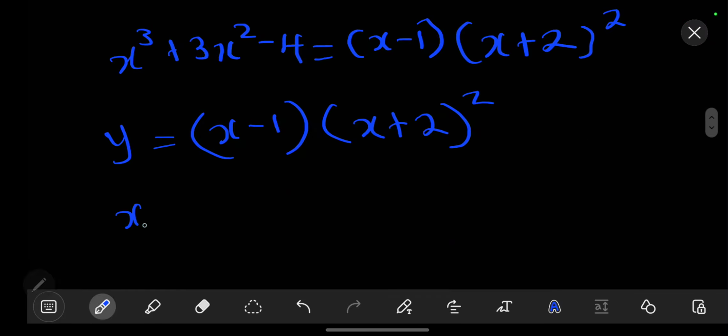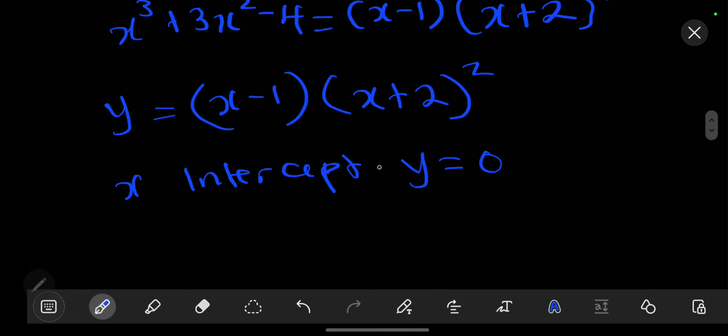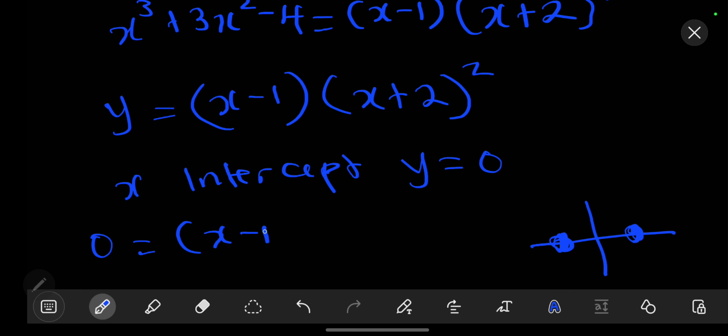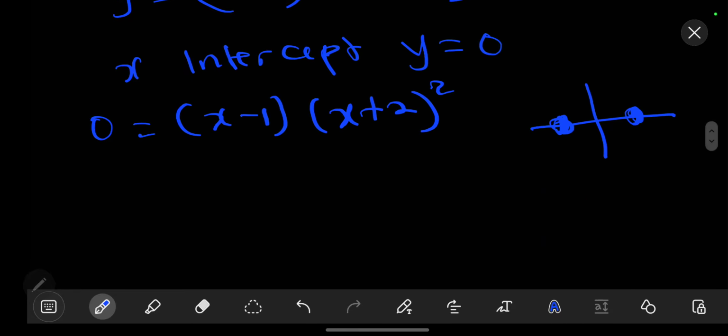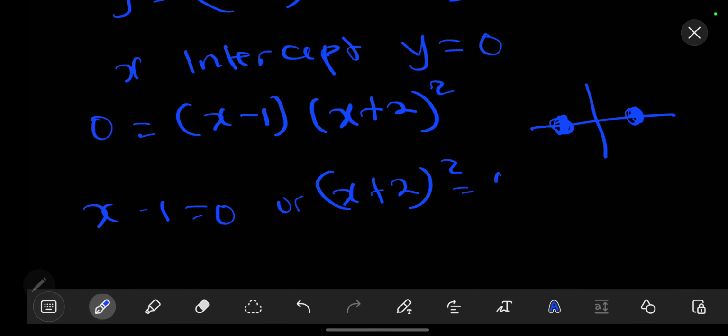Let's find our x-intercept. For the x-intercept, y is equal to 0. At that point where the graph passes the x-axis, since it's along the x-axis, your y value is always equal to 0. So we have 0 equal to x minus 1 times x plus 2 squared. It's either x minus 1 is equal to 0 or x plus 2 squared is equal to 0.